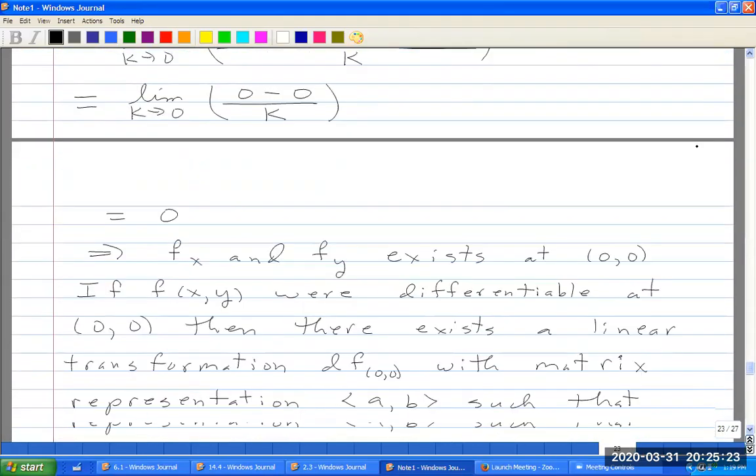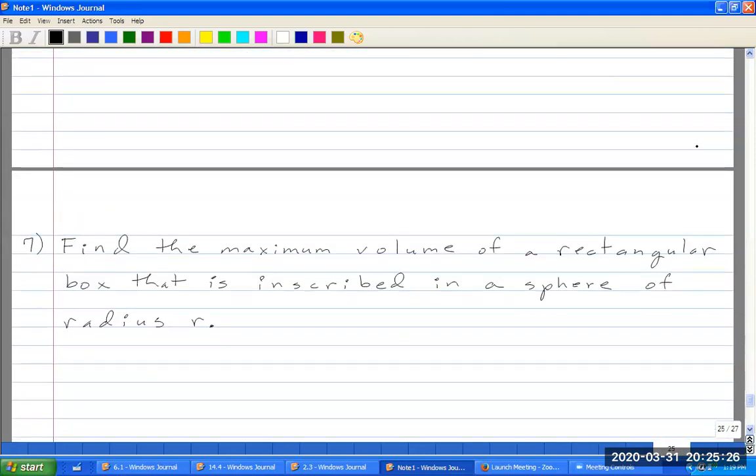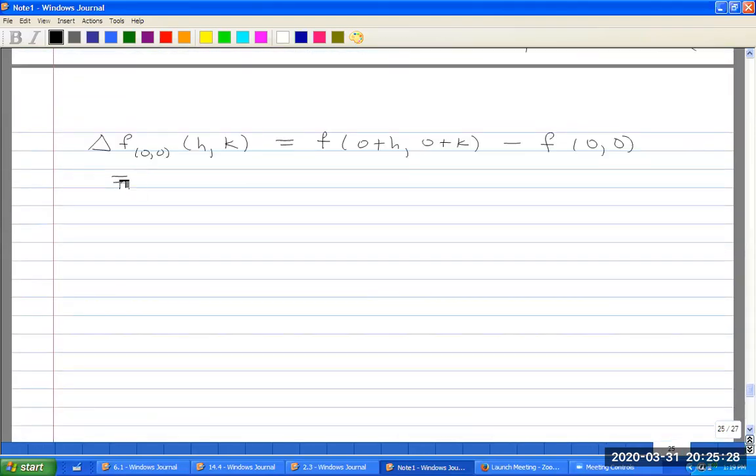So this is equal to hk over h squared plus k squared minus f of 0, 0, which is 0. So this is hk over h squared plus k squared.